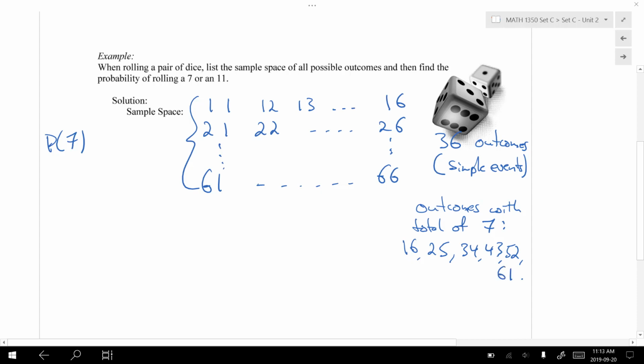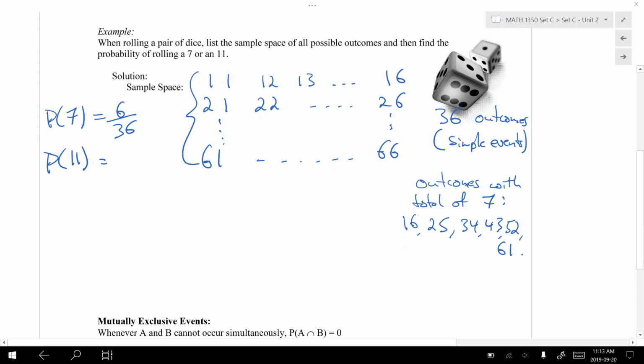There's 1, 2, 3, 4, 5, 6 possible ways here. So 6 on 36 ways to make a 7. Now the probability of 11 here. Let's consider the outcomes with 11.